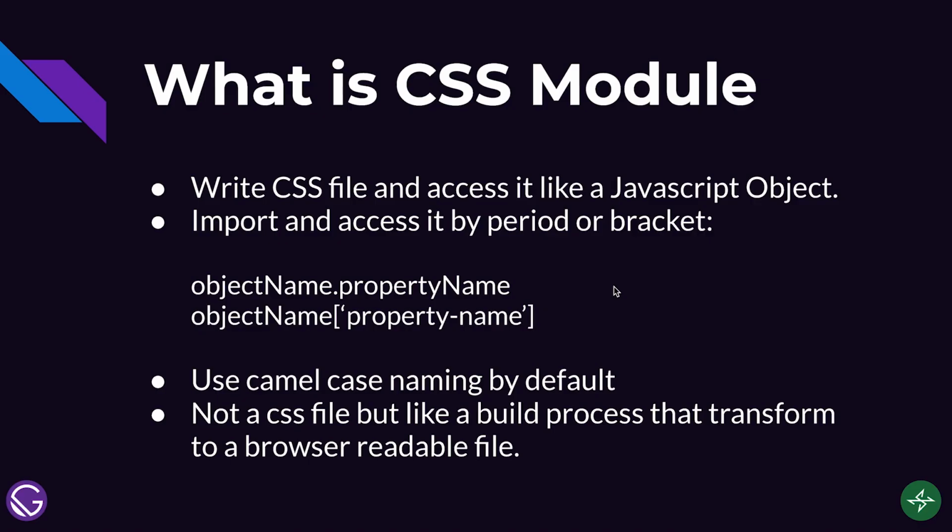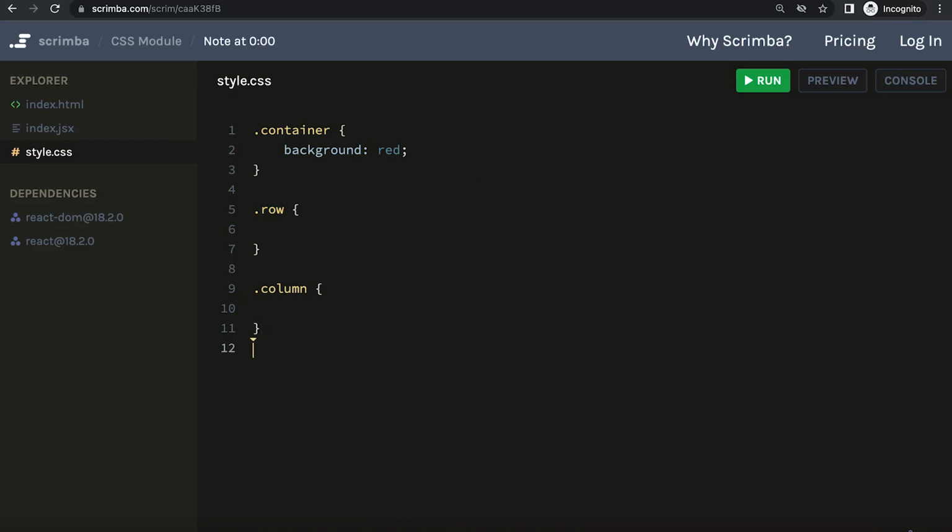Okay, so next, use camel case naming by default. Since JavaScript is using camel case by default, so does the CSS module. So for example, we have a new class which is new container.